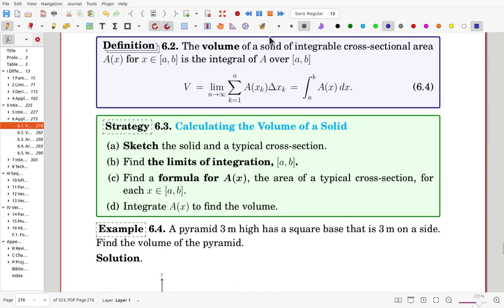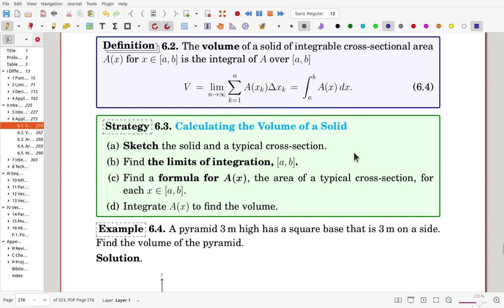The volume of a solid of integrable cross-sectional area A of x for x over A to B is the integral of A over the interval. That is the Riemann sum, and the limit of the Riemann sum. It can be written as the integral from A to B of A of x dx.